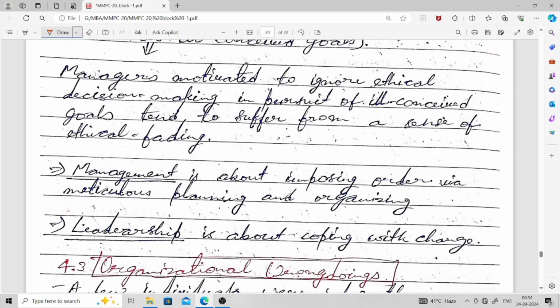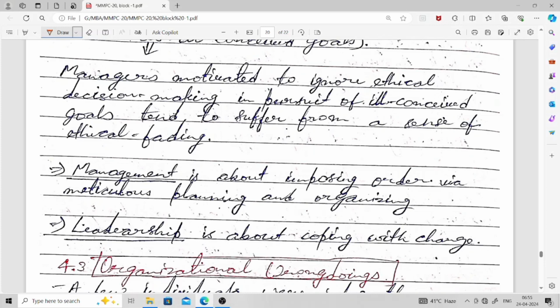It means the kind of goals which are beyond the scope of the organization, and toward that goal, the managers try to go.